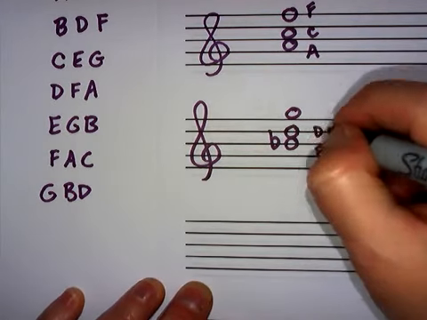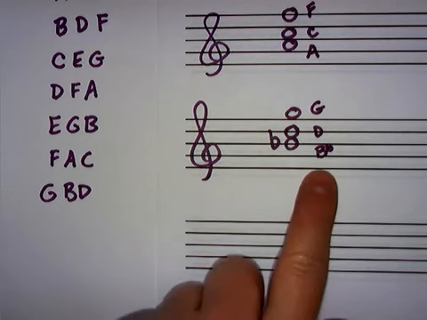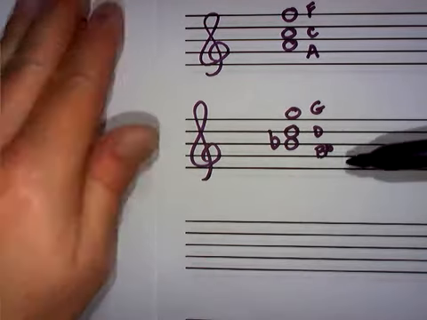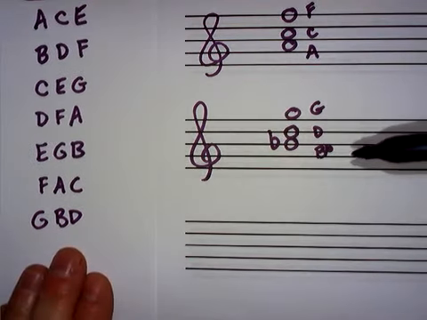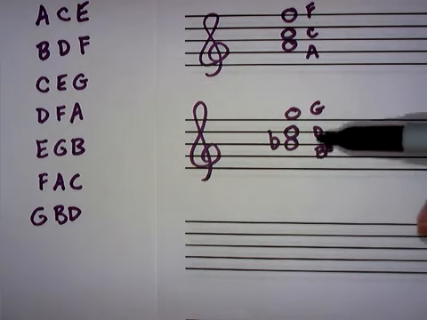B flat, D, G. Now, for the purposes of putting them in the right order, it doesn't matter a bit that it's B flat. So what we're really looking for over here is the correct order for these 3 letters of the alphabet.